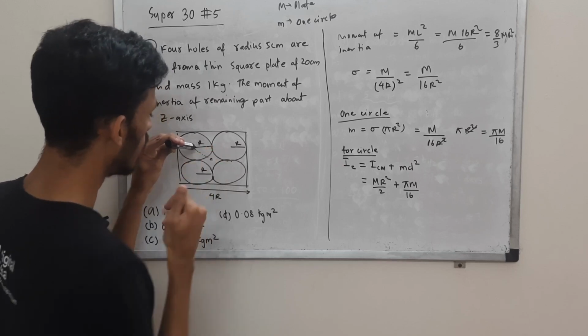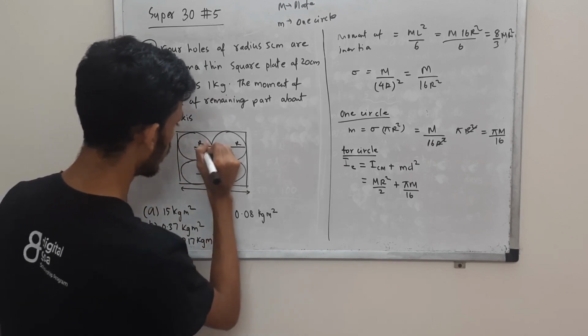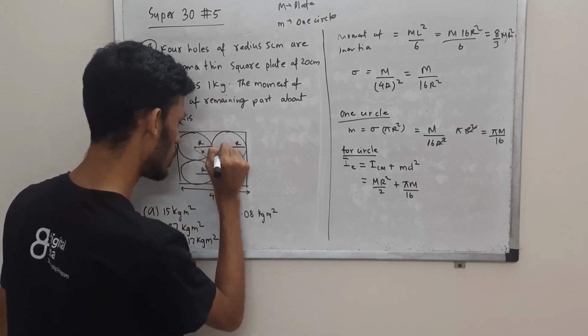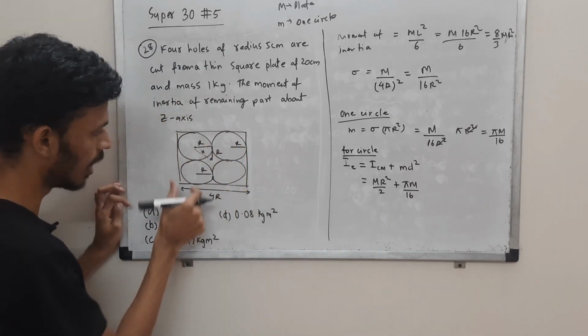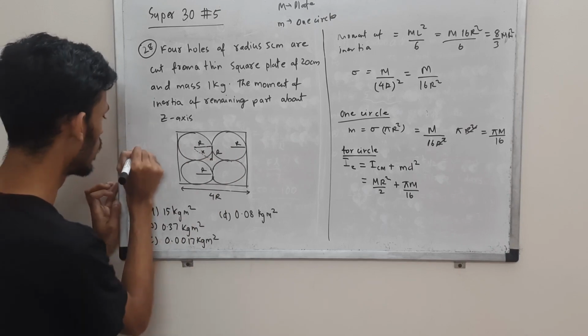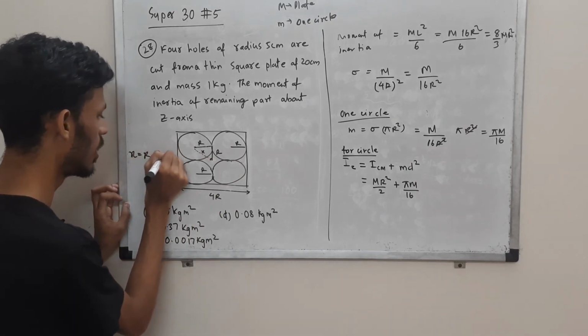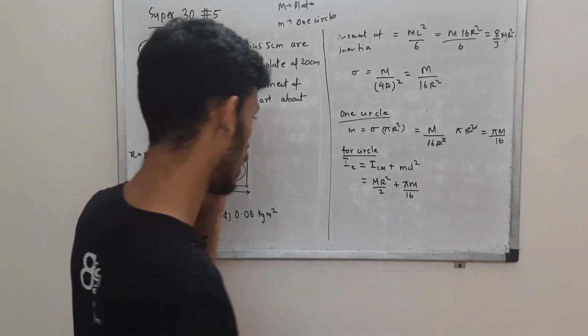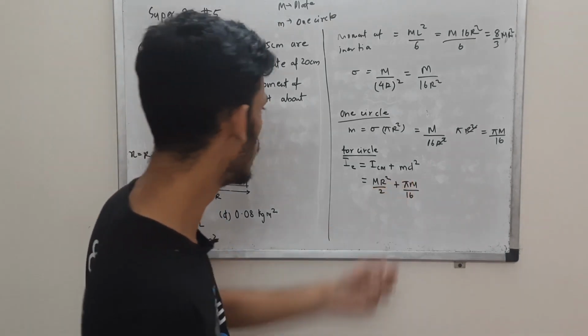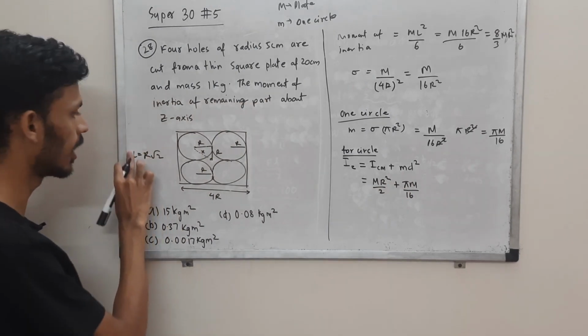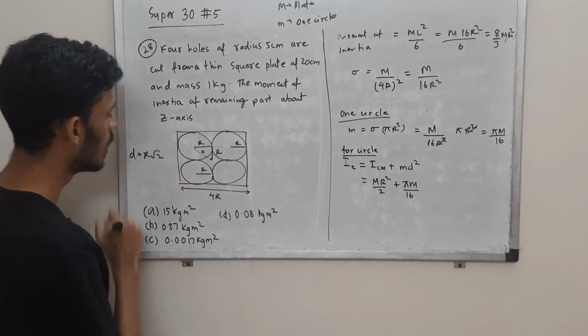So the distance between them is x, and we can find it easily. This will be r, and this is r, so you have to find the hypotenuse. So x will be r root 2. R and r in a right-angled triangle will give you the hypotenuse as r root 2. So this d is r root 2.